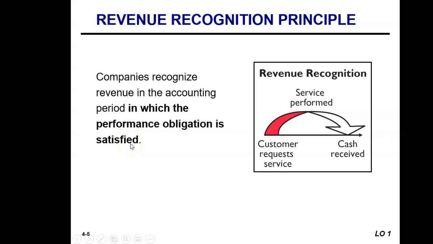Or perhaps I've sold an actual product. So once the performance obligation, which typically consists of providing a service or selling a product, has been satisfied, at that point in time, we're able to recognize revenue. We have a customer who requests service. Then we perform the service, and maybe later on we're going to receive the actual cash. So a request came in from a customer. We perform a service. They later on pay us in cash.